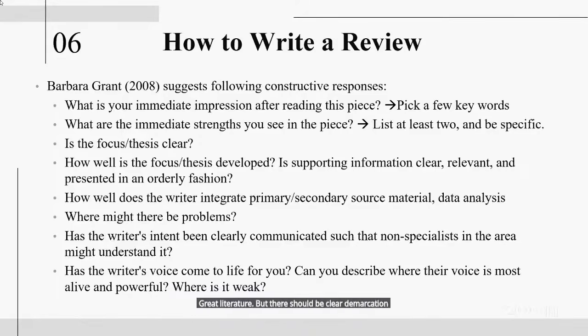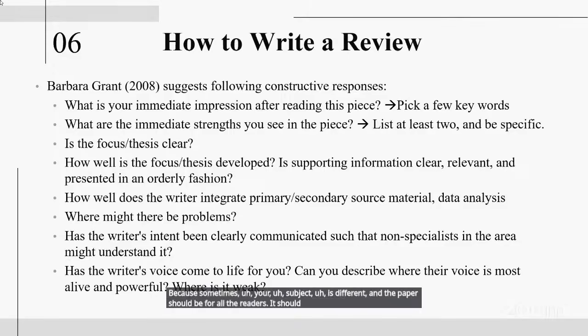It's not like this, that most of the work which is cited is on the basis of secondary sources. So if you find something like this, you can identify where the problem is, and whether the writer's intent has been clearly communicated, because sometimes your subject is different, and the paper should be for all the readers.